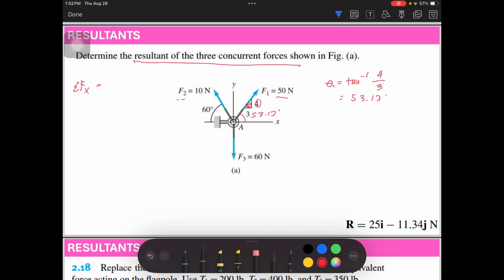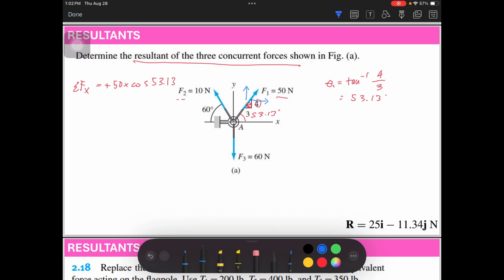So, next, since inclined si F1, meron yung vertical and horizontal component. So, ang horizontal component niya is going to the right, so it's positive. So, positive F1 na 50 times cosine, kasi cosine tayo kasi nasa summation tayo ng mga forces along x-axis. Cosine ng angle niya na 53.13 degrees.